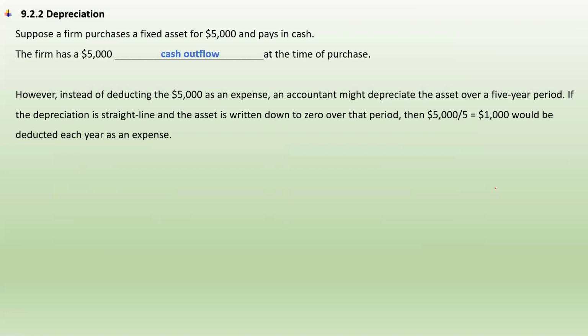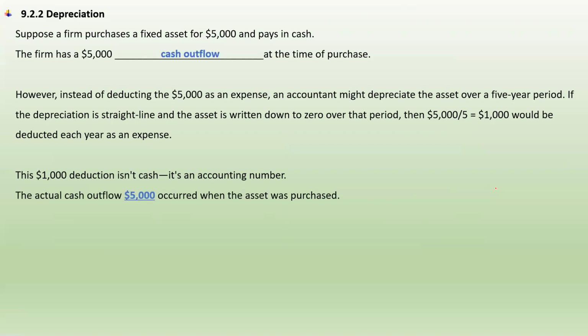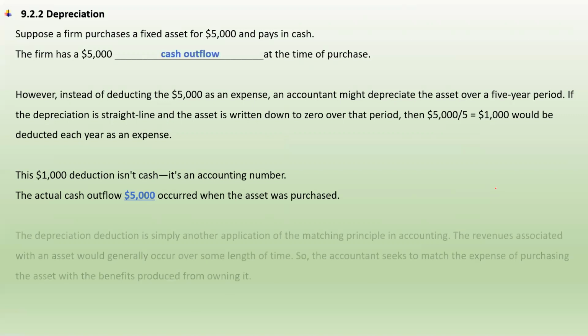So the useful life is 5 years. If the depreciation is straight line and the asset is written down to 0 over the period, each year the depreciation will be 1,000. This 1,000 is not a cash outflow. It's just an accounting number. The actual cash outflow, $5,000, occurs when the asset was purchased.